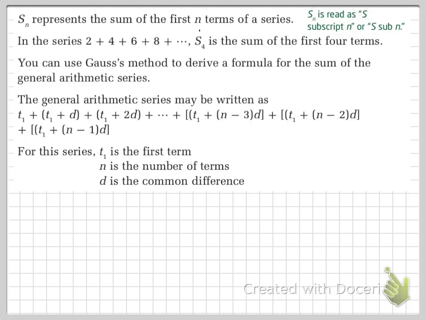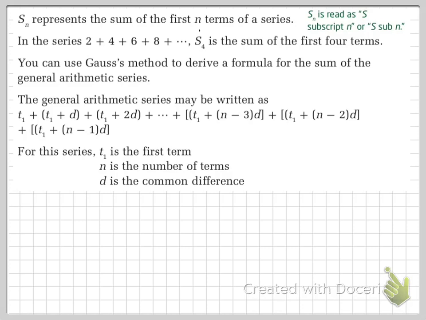You can use Gauss's method to derive a formula for the sum of the general arithmetic series by saying T1 plus T1 plus d plus T1 plus 2d all the way to the end. For this series, T1 is the first term, n is the number of terms, and d is the common difference.